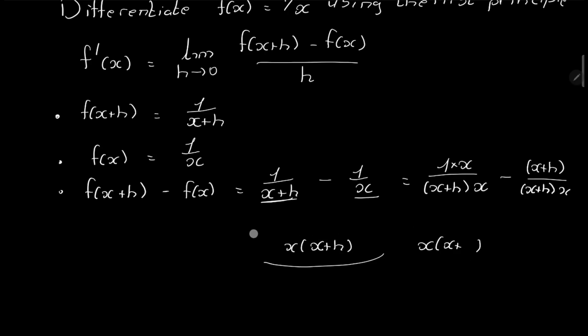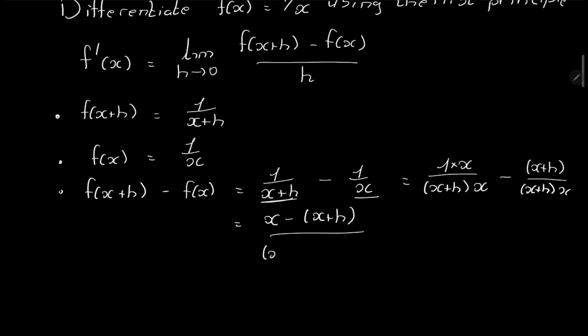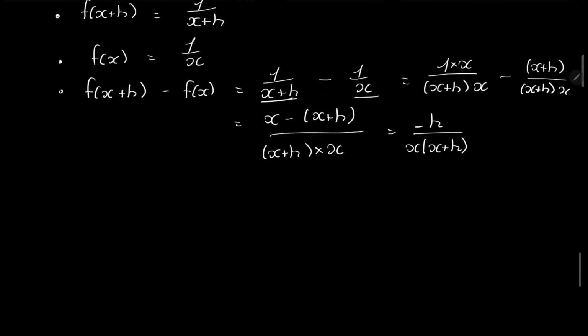So subtracting their numerators, we have x minus x plus h, all that on x plus h times x, which gives us negative h. If you notice in the previous method, I forgot to add this negative sign, which was an error. Yes, so let's continue.